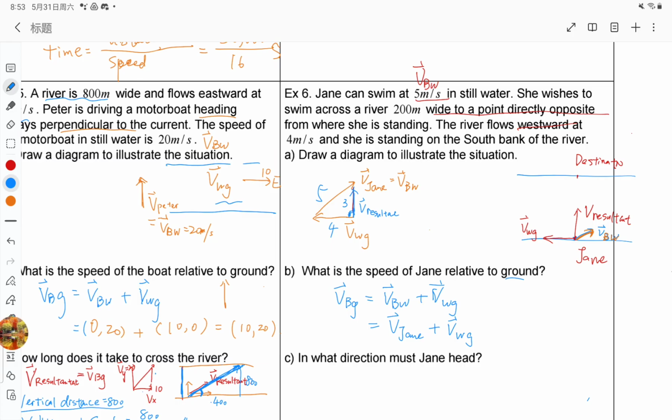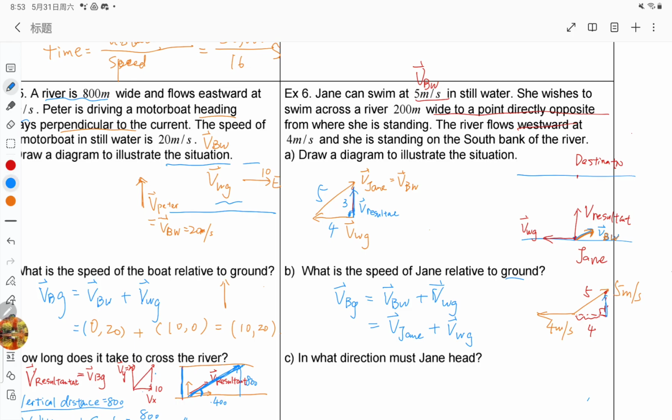However, in part A, we already analyzed the triangle, the geometry for this question, right? Because in order for the resultant to be vertical, the triangle should look like this, right? So this is 4 and this is 5, and the resultant is going upward.